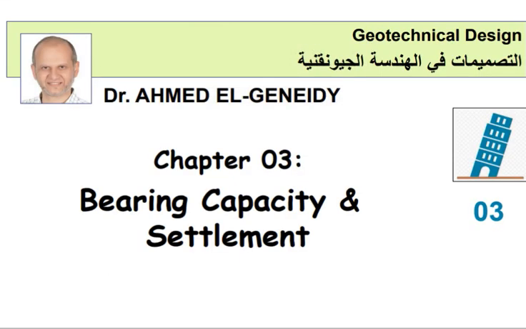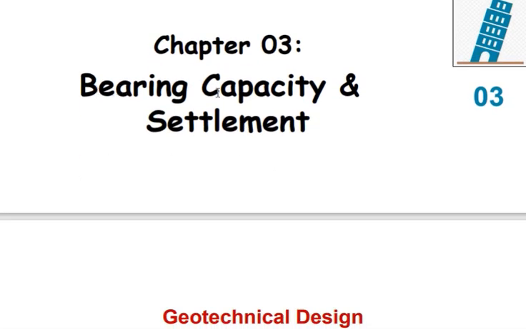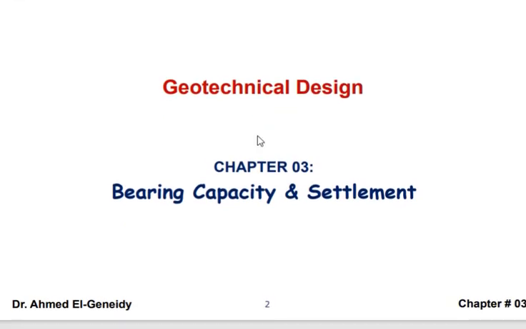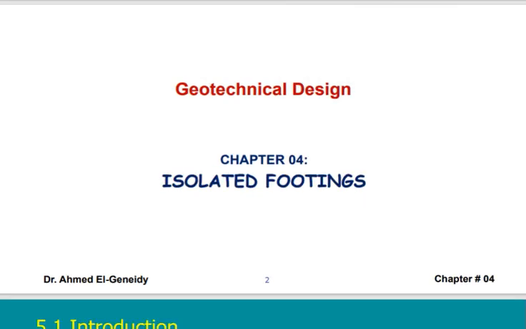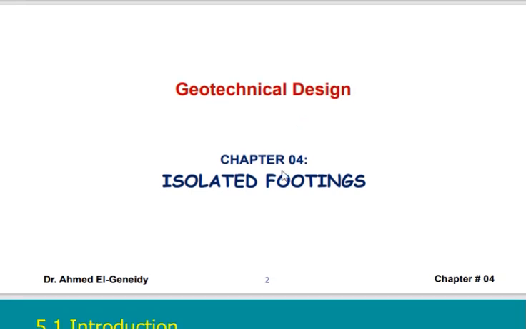Then we left foundations for a while and started studying bearing capacity and settlement of shallow foundations, how we are going to design shallow foundations based on the bearing capacity and settlement criteria. Then in chapter 4 we studied the first important type of shallow foundation, which is the isolated footing.